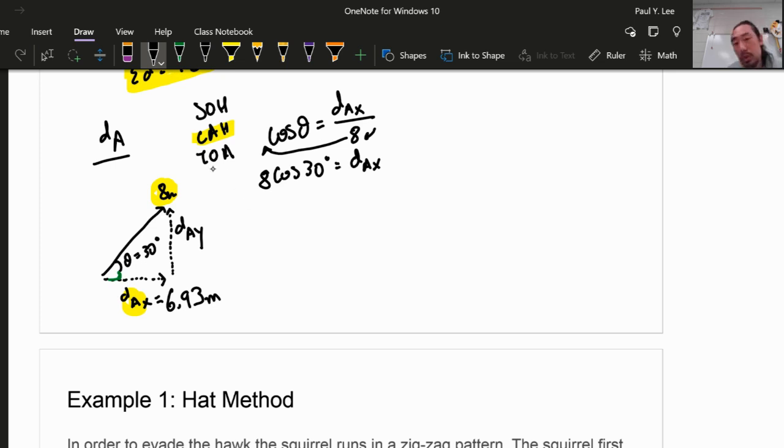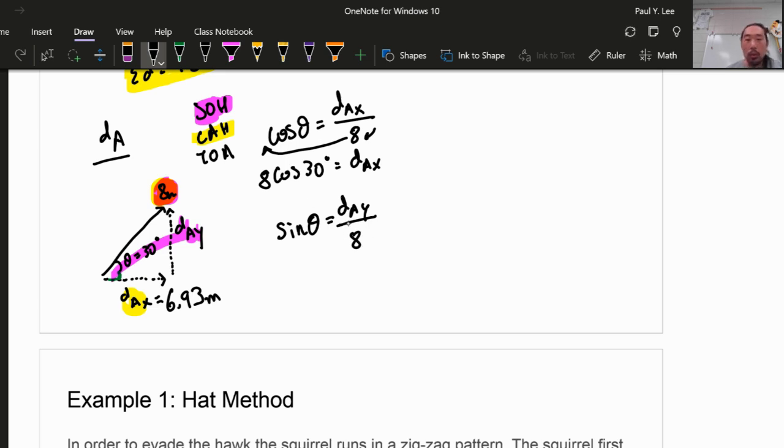All right, so let's go through the same process to find dAy. I'm going to do this in a different highlighter. So let's do pink. All right, so to find dAy, it is opposite of the angle. So we have O and we have the hypotenuse. So we have opposite and hypotenuse. So we have to use a sine function. Okay, so sine of the angle is equal to dAy over the hypotenuse, which is 8 meters.